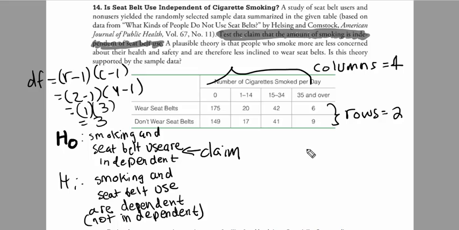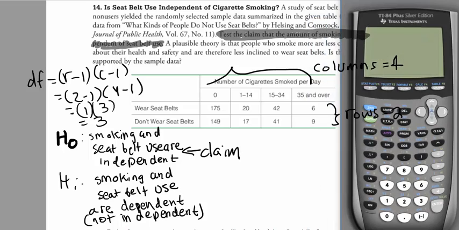But when you have a two-way table, the first thing that you need to do is enter the data in the calculator. So we're going to enter it a little bit differently than before, because instead of just having one variable, we have two. So pay attention to this, and we're going to go to second and then matrix.